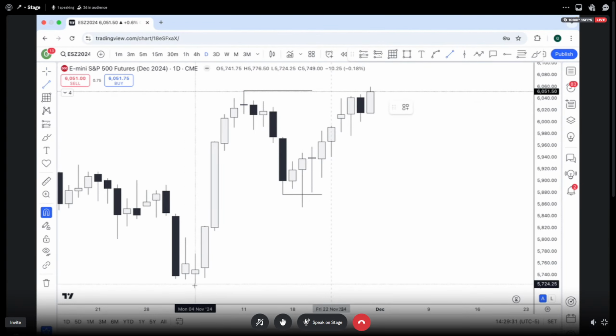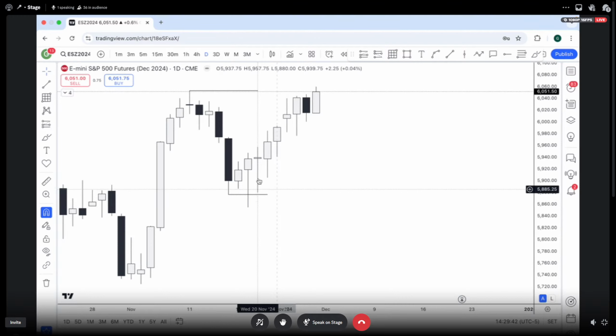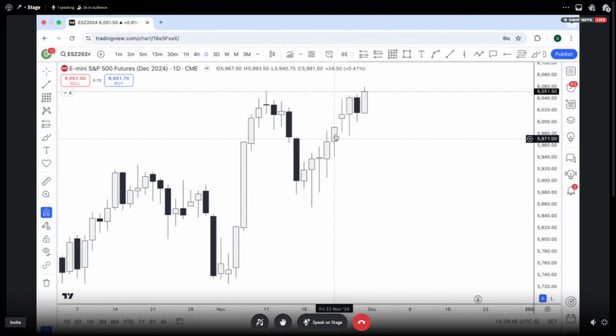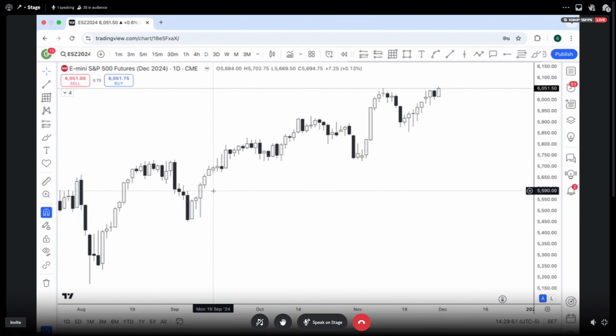Originally, it was this high to this low. Once we have manipulation, I expect expansion. So I don't want to see price revisit this low, so I can just delete this. Now it just becomes this. And you have a bunch of intraday ranges all up in here. It's a little confusing, but if you just think about price in one candle, then it becomes a lot more simple.